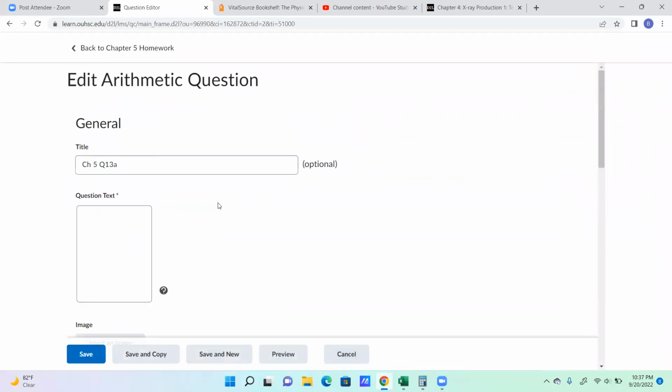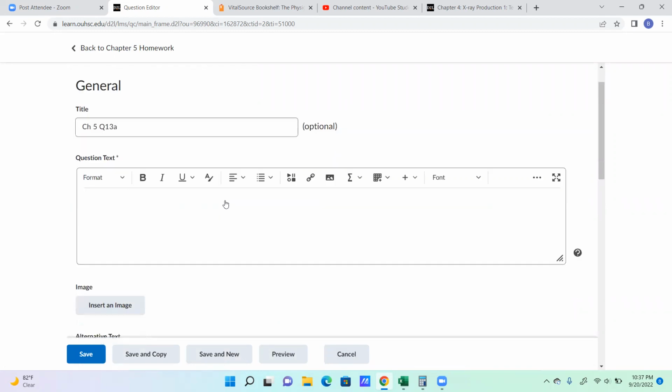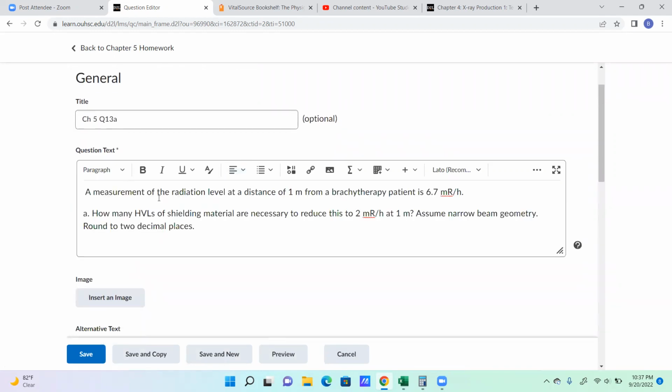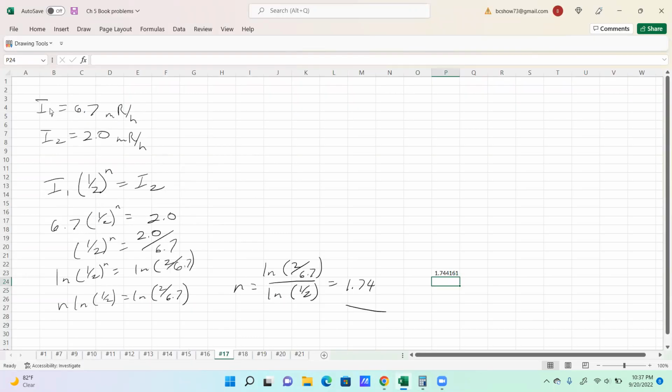For number 17, for real this time, a measurement of the radiation level at a distance of 1 meter from brachytherapy patients is 6.7 milliroentgens per hour. How many half-value layers of shielding material are necessary to reduce this to 2? Here's how I went about doing it. I know the intensity at the beginning is 6.7, and we want to reduce it to this.